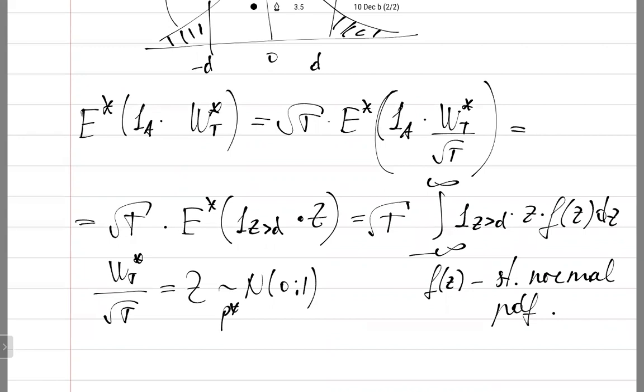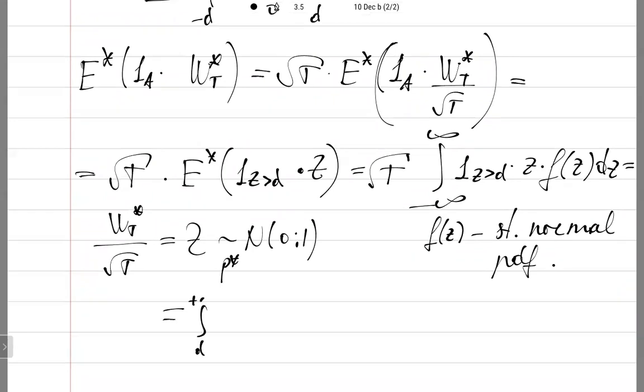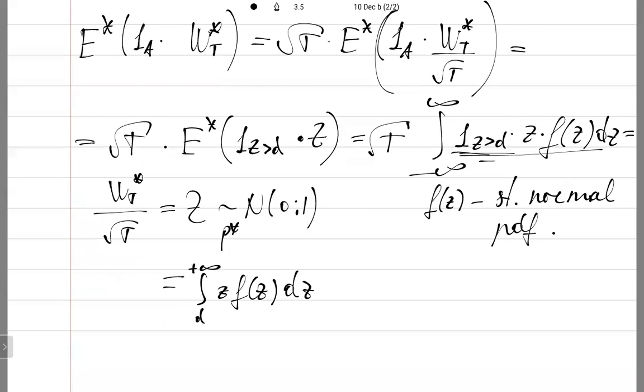Okay? Yeah, clear. This integral is just the integral from d to plus infinity of Z f(Z) dZ, because my function is 0 from minus infinity to d, since this indicator is either 0 or 1.